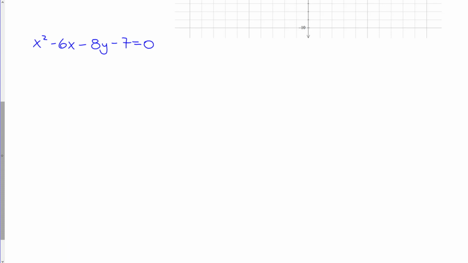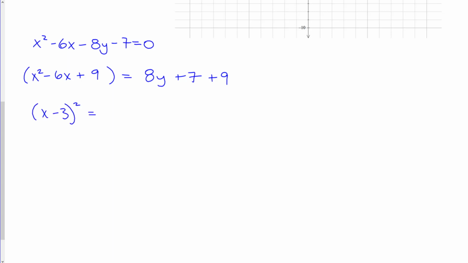Okay, so completing the square, I'm going to set up x squared minus 6x equals 8y plus 7. Completing the square, I would take the −6 divided by 2, which would be 3. Square that, and that would give me 9. So I'm going to add 9 to both sides. So this becomes (x − 3)² equals 8y plus 16.